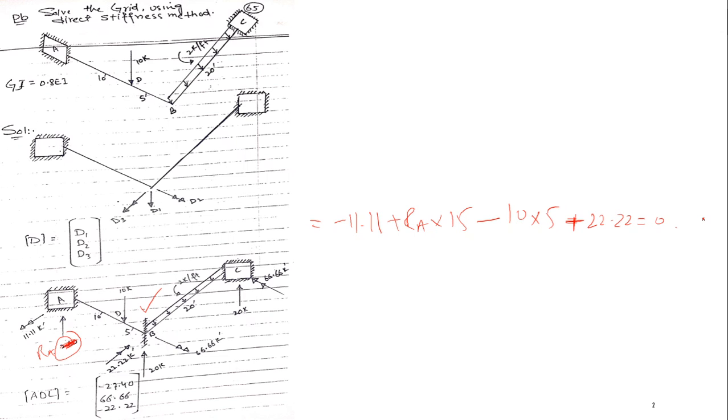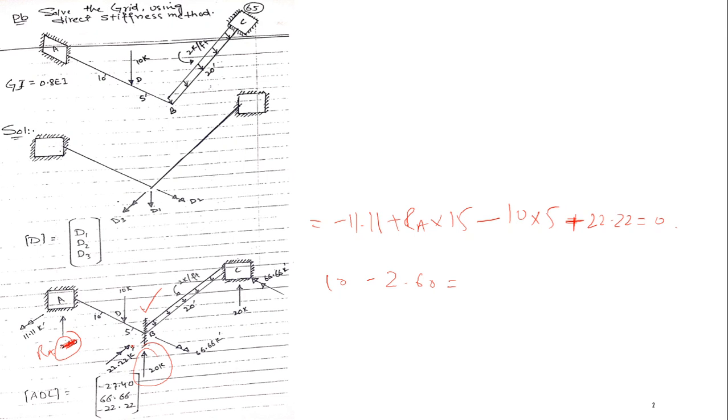So it comes out to be, I have the calculator, 22.22 plus 50 plus 11.11 divided by 15. Yes, it is 2.60. It comes out to be 2.60, and then 10 minus 2.60, and you would be able to find this reaction as 8 point something.